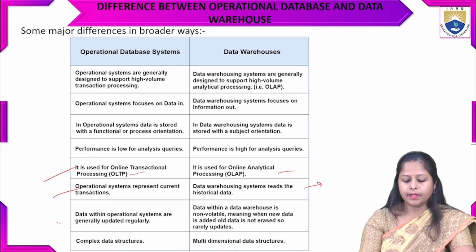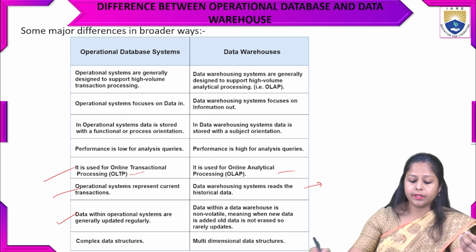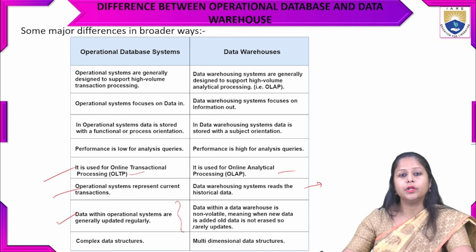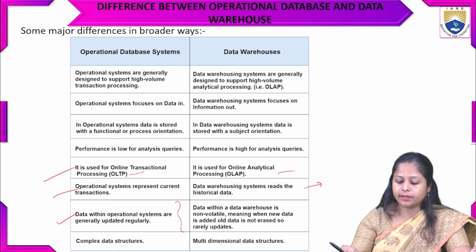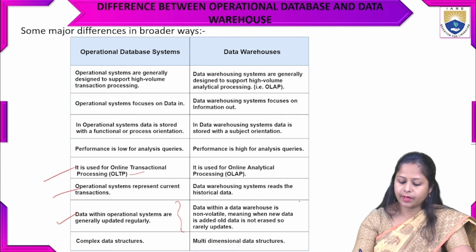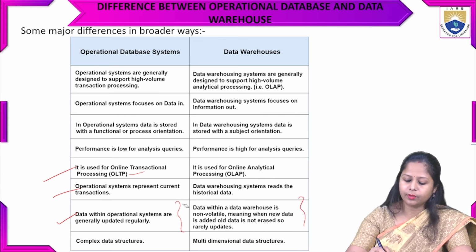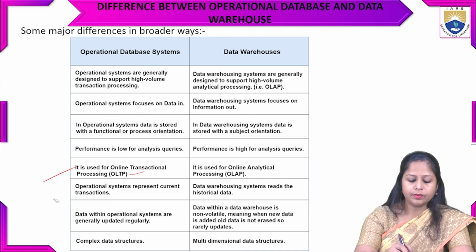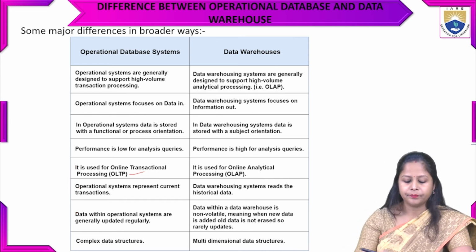The data in an operational database is going to be updated frequently, regularly. But the data within a data warehouse will be non-volatile, meaning the new data is added and the old data will not be erased. So the data can have multiple versions here.